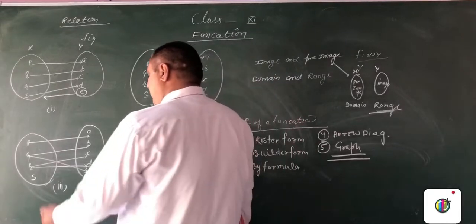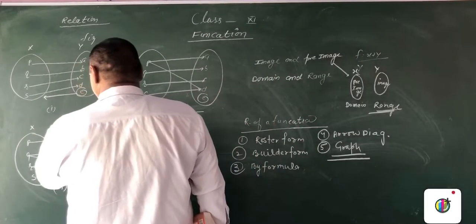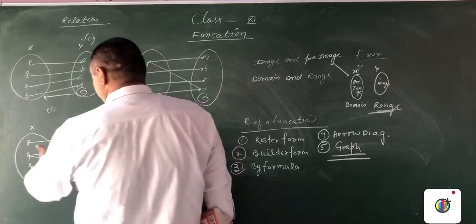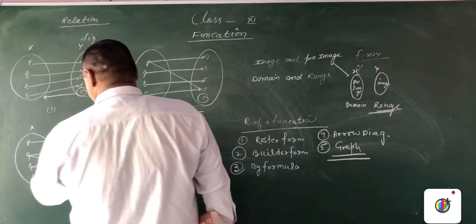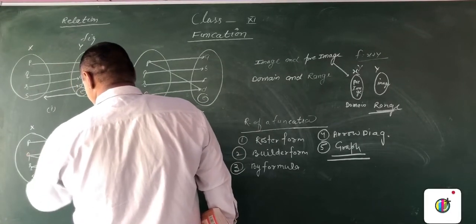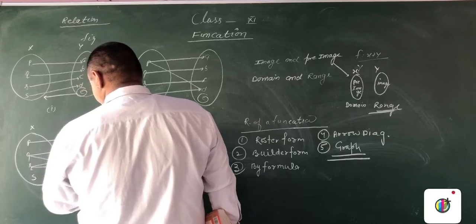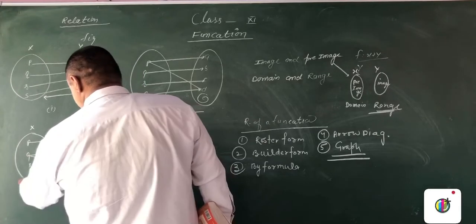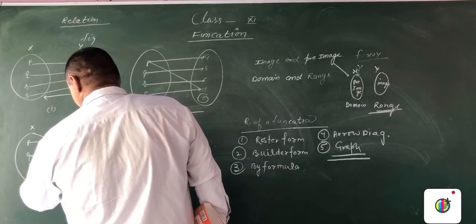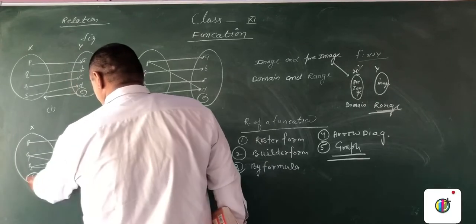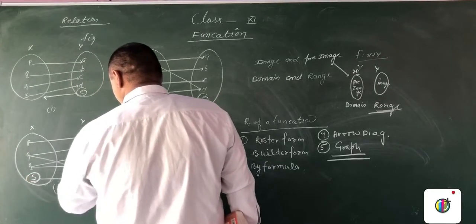And this is your third diagram. In the third diagram, P is associated with A, Q with B, Q with D, R with E. And S is the element of x not associated with y.